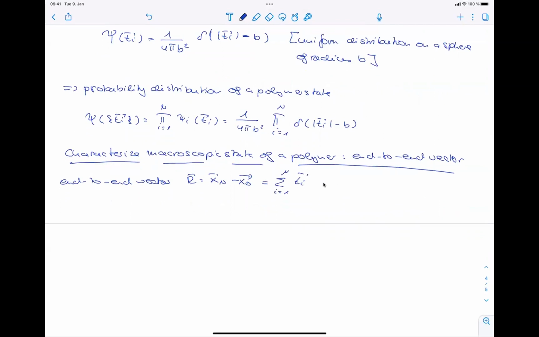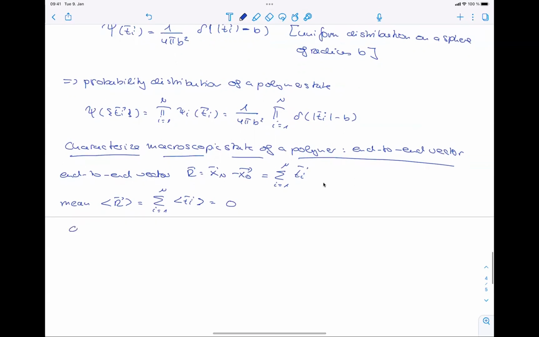And now we're interested in the mean, so the average of these tangents, and because of the uniform distribution of all individual segments, the sum over all of them is 0.